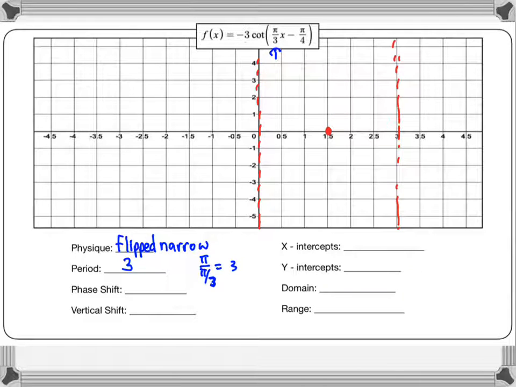All right. So the phase shift is going to be C divided by B, and we know we're going in the right direction. So I would have pi over 4 divided by pi over 3, and at the end of the day, we're going to get 3/4.